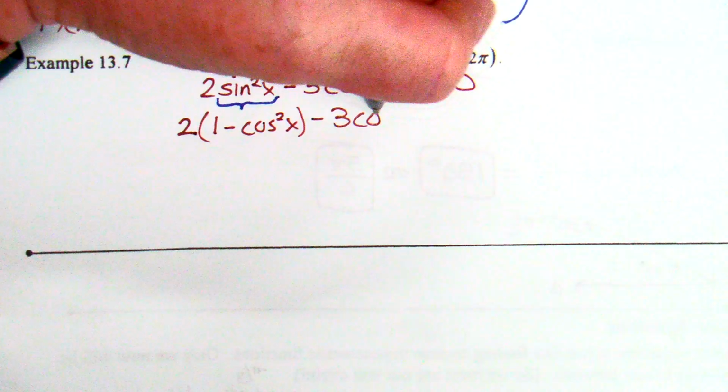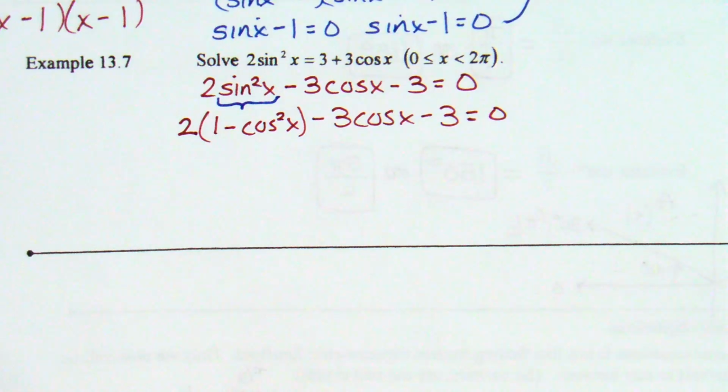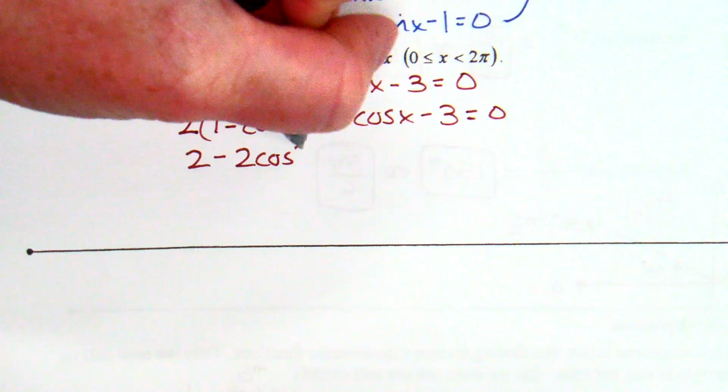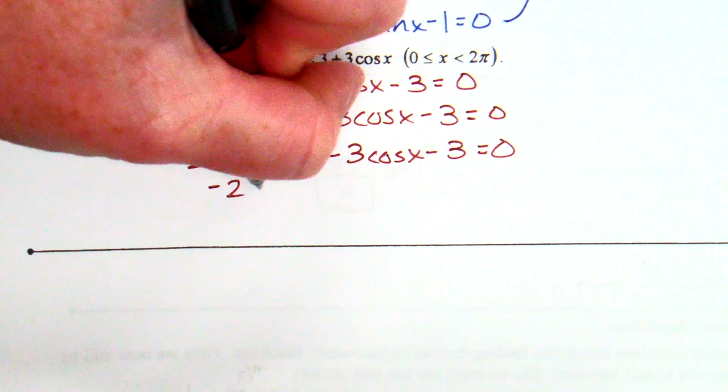So 2 minus 2 cosine squared x minus 3 cosine x minus 3 equals 0. Clean up. So negative 2 cosine squared x minus 3 cosine x minus 1.